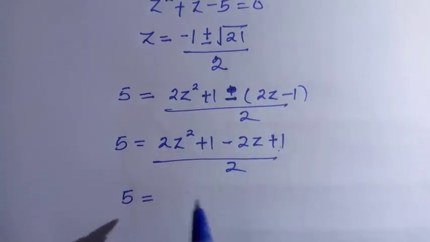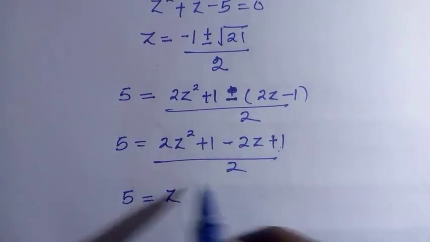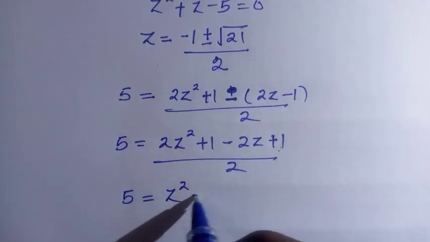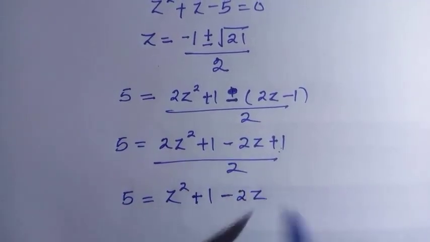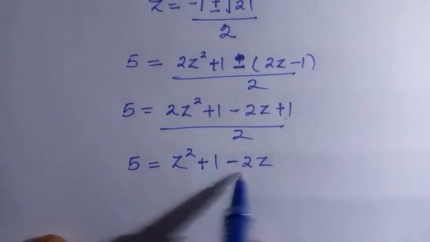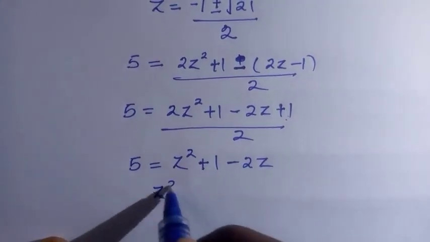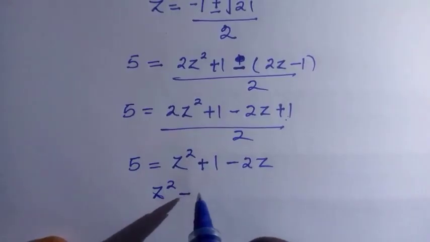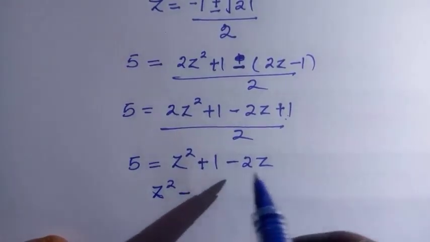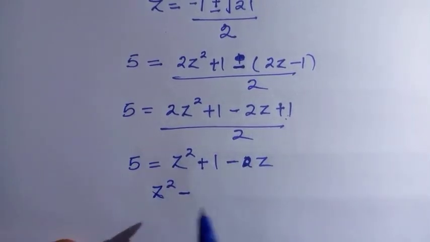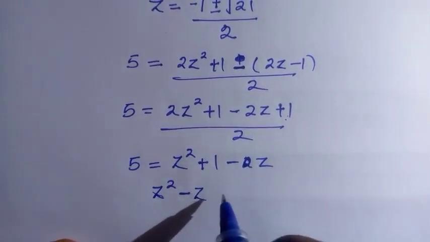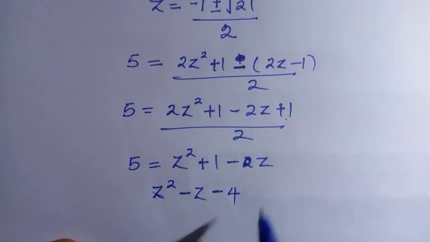And 2 is also common to everything, which the end result is z² + 1 minus 2z. When we transfer this to the other side, we have z² minus, here is still z because we have factored out 2, minus z, and here is minus 4.